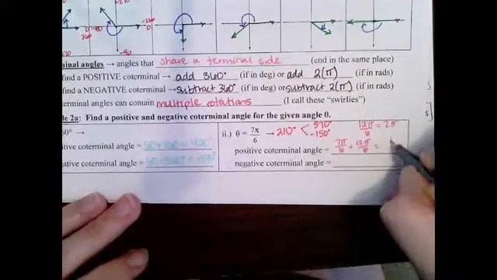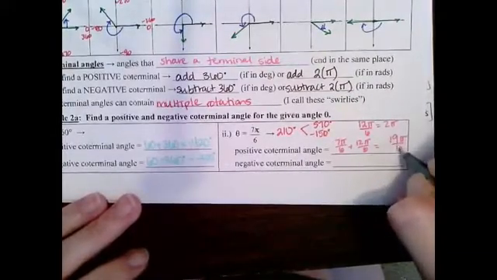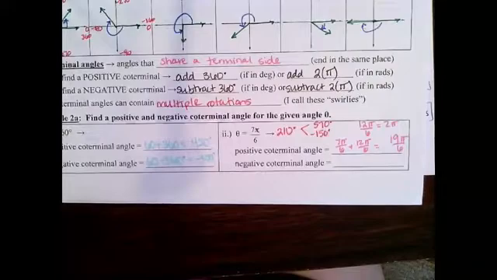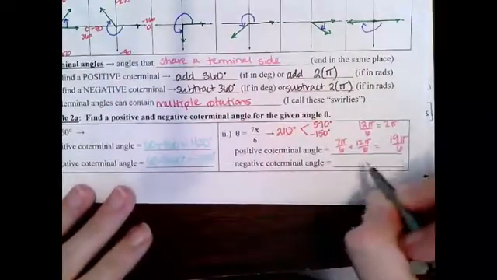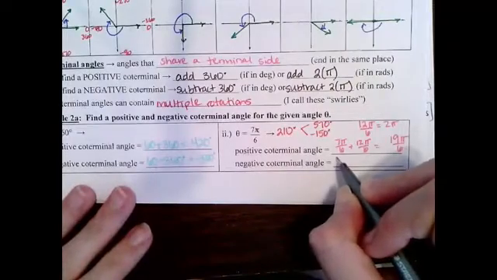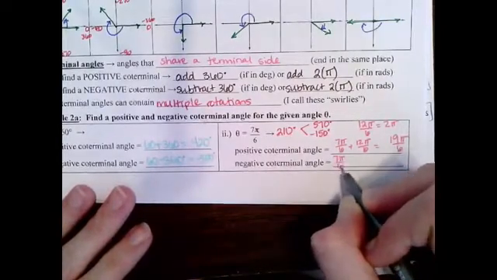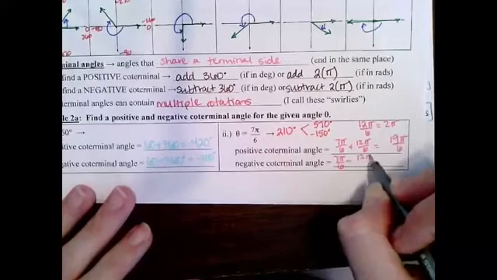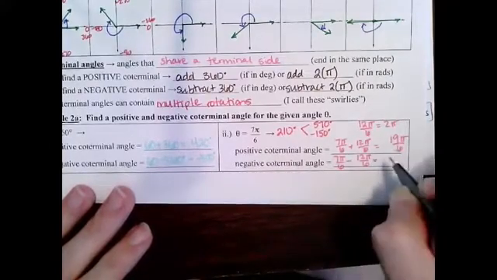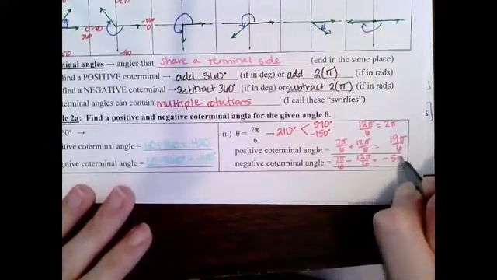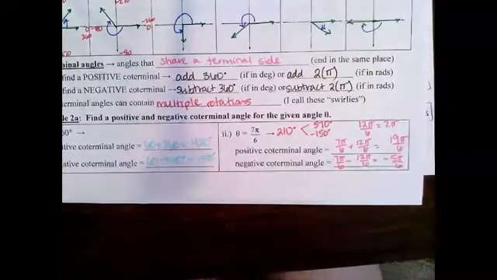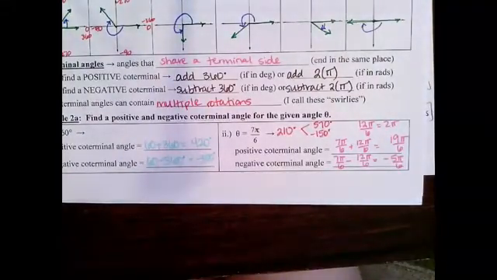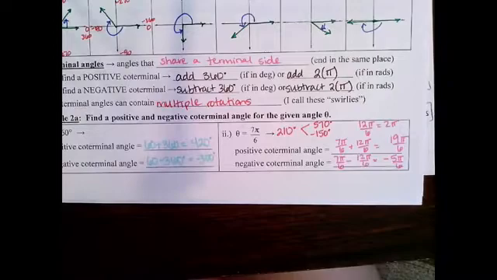And I would end up with 19 pi over 6. And then I would do the similar thing with the negative. I would be doing 7 pi over 6 minus 12 pi over 6. And I would get negative 5 pi over 6. So that's how you would do it with radians. I think degrees is a lot easier, but that's just me, if you can remember how to convert.